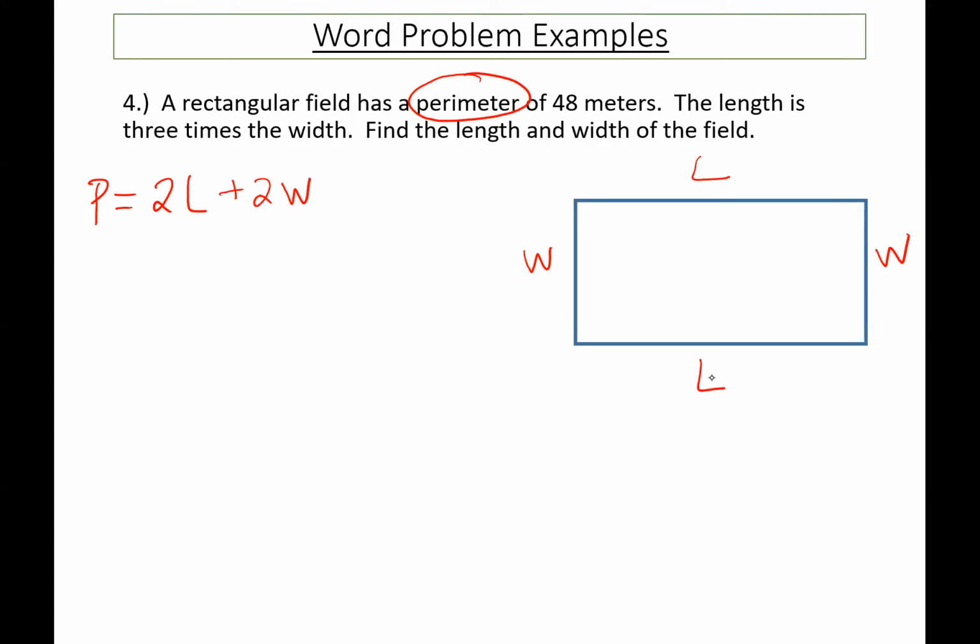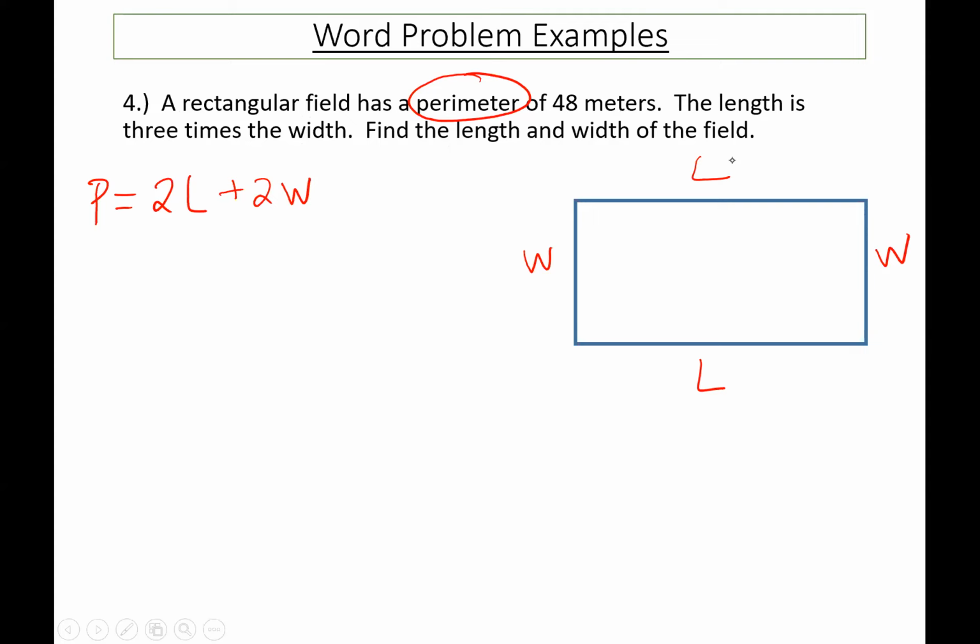Let's actually read the problem now and see how we can solve this. Okay, so it says a rectangular field has a perimeter of 48 meters. The length is 3 times the width. Find the length and width of the field.